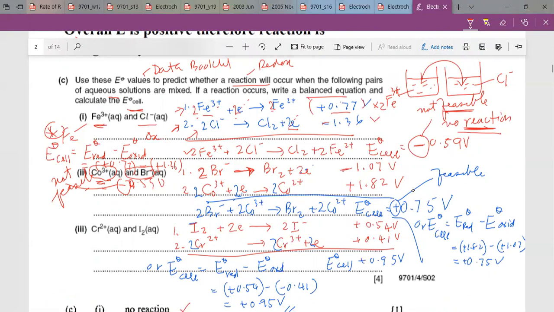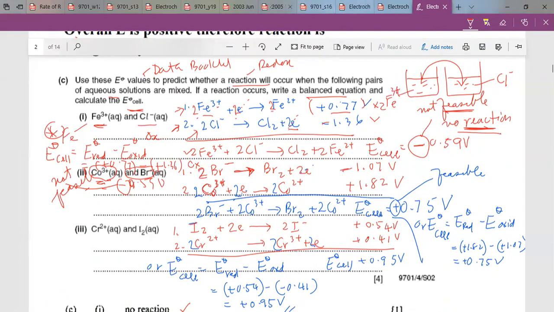Now cobalt. If Br minus undergoes oxidation, losing electrons, then cobalt 3+ must undergo reduction, meaning it must accept electrons. So 3+ must become 2+. Of course, it can go to cobalt 1+, but as I said, that's a long way off, so normally the next one is 2+.